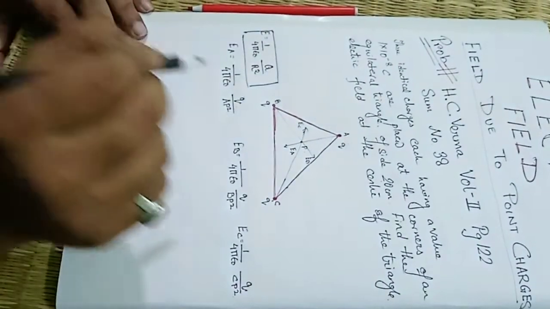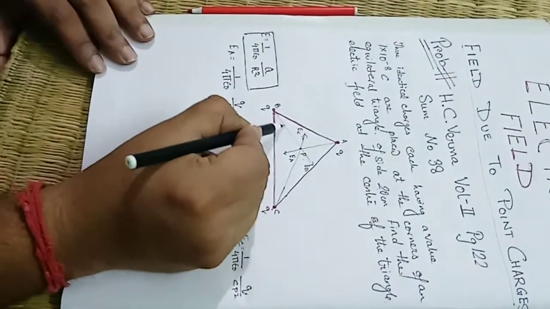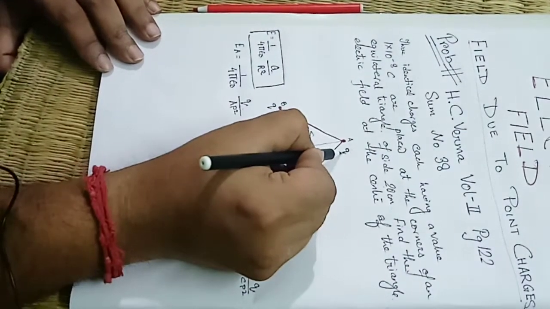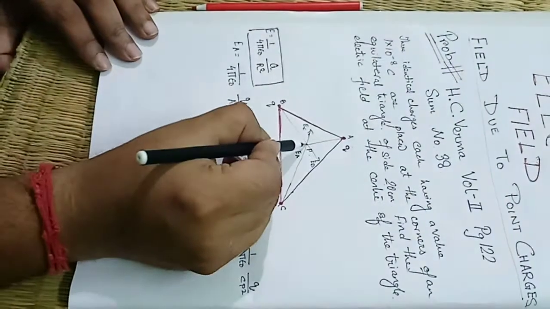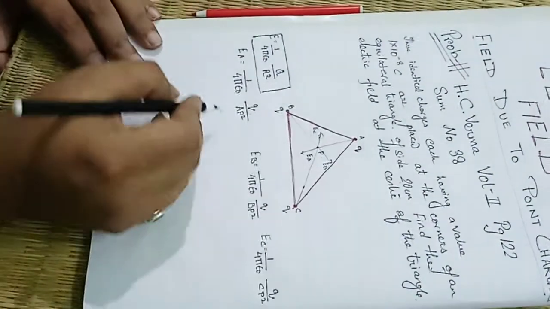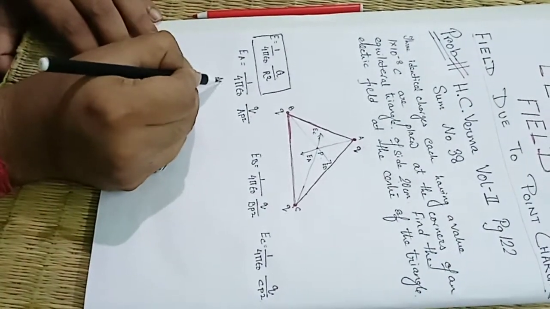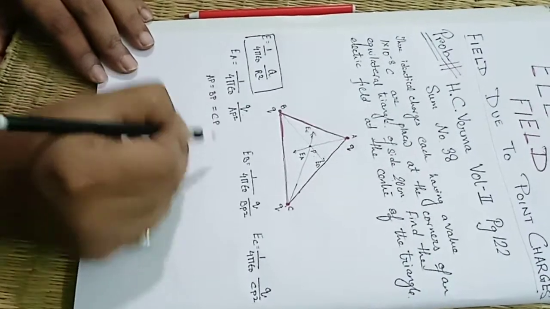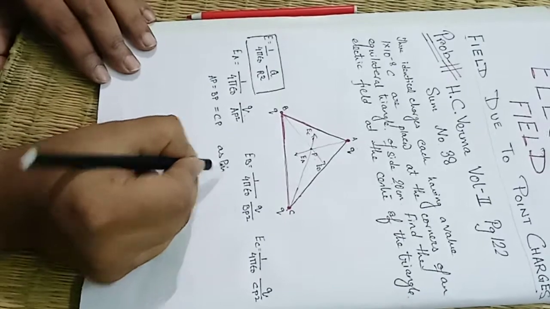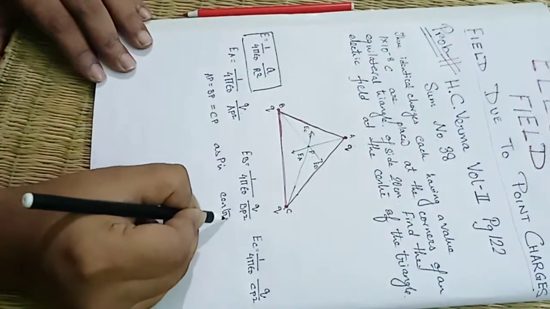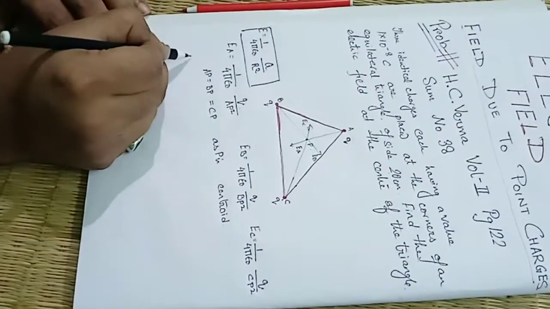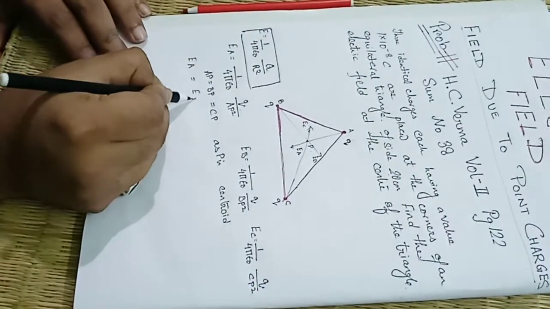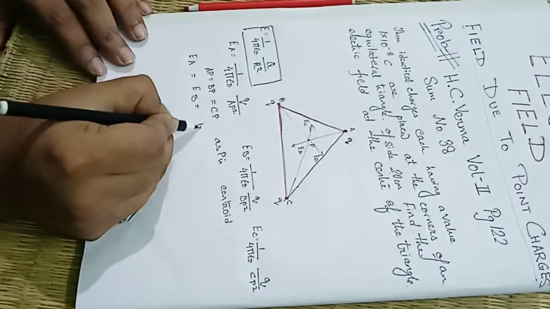Now notice that the fields are all directed outside because the charges are positive. We know that in an equilateral triangle AP equals to BP equals to CP, as P is centroid, so all the fields, that is EA, will be equals to EB and will be equals to EC.